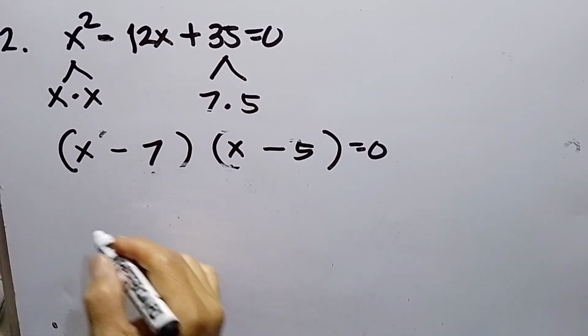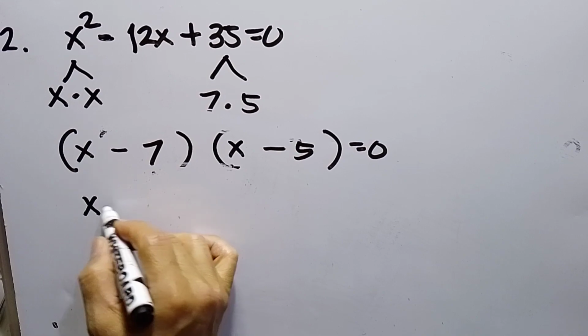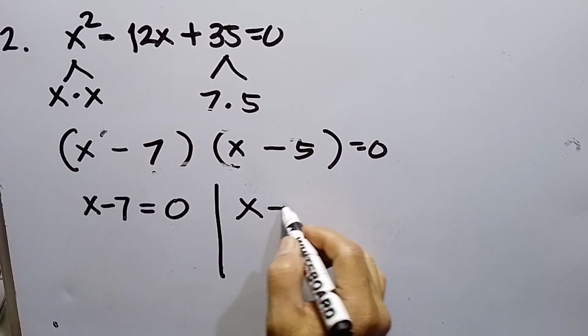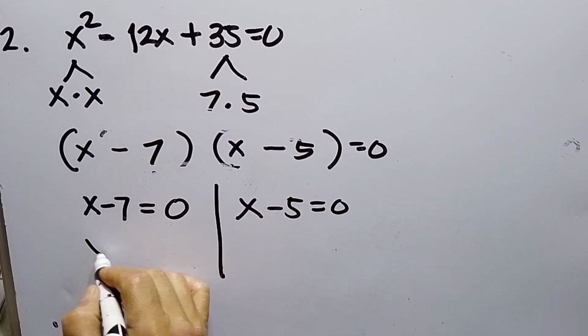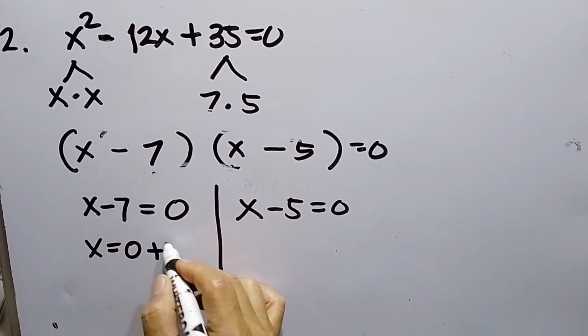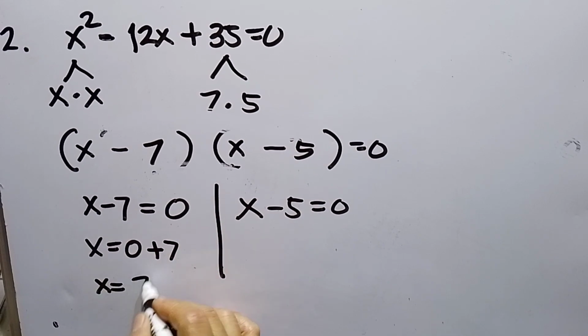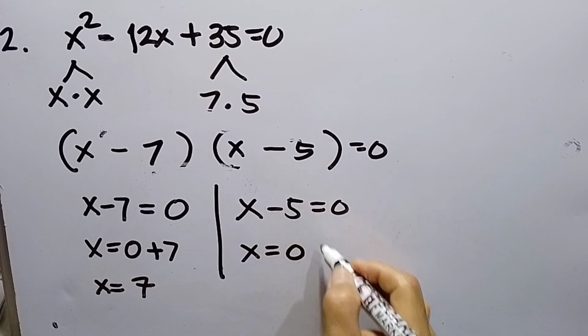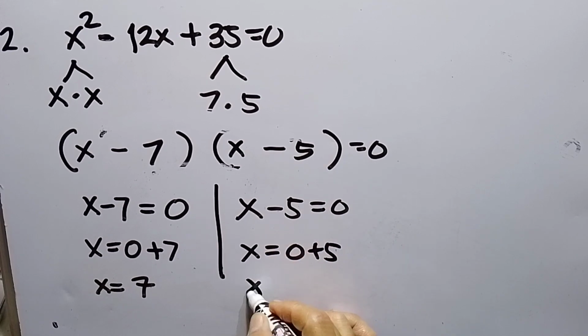But we need to find the roots. x minus 7 is equal to 0, and then x minus 5 is equal to 0. So x is equal to 0, transpose to the right, this will be positive 7. So x is equal to 7. This one also equals 0 plus 5. x equals positive 5.